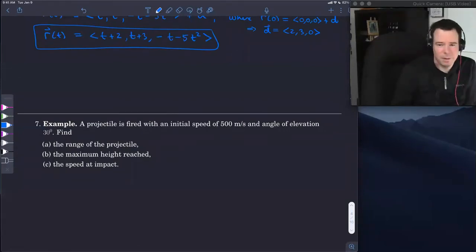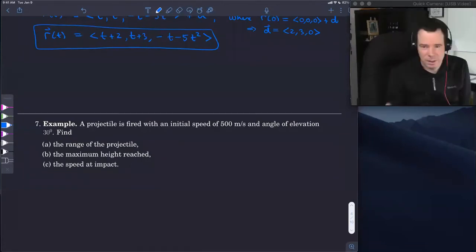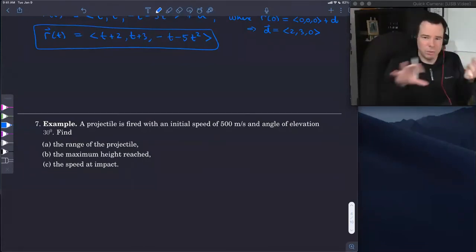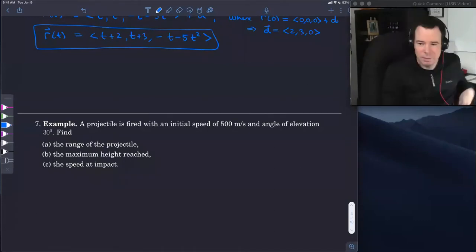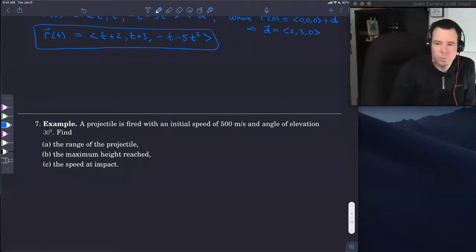In your previous classes, though, you probably worked with components. You probably worked with the x component of velocity and acceleration, the y component of velocity and acceleration, and did those calculations separately. With this example, I just want to show that we've now got the machinery, the tools, that we can work with this just as vectors themselves. We don't have to split them up into their corresponding components.